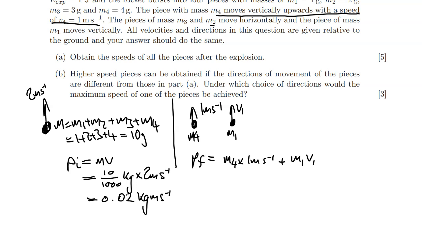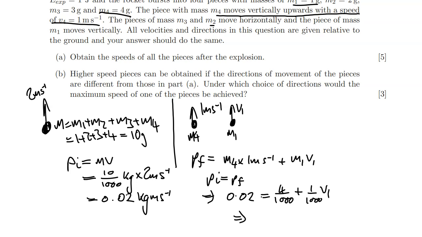The two vertical masses are m1 and m4, so I've subbed those in. Because the initial momentum equals the final momentum vertically, it follows that 0.02 equals 4 over 1000, where 4 is the m4 mass given in the question, plus the mass m1, which we're told is 1 over 1000 kilograms, times v1.